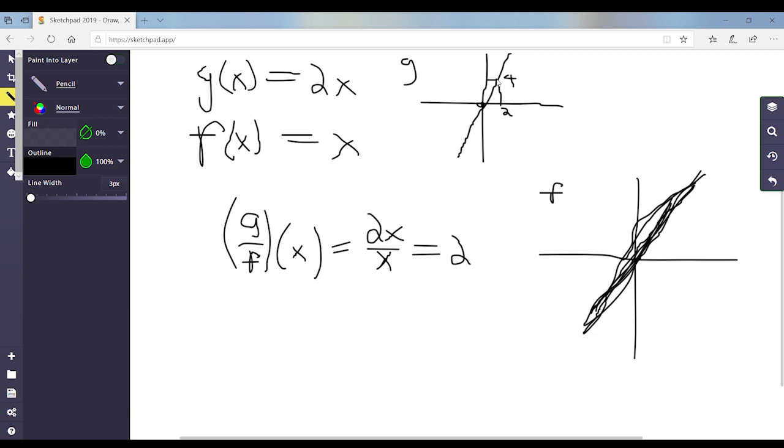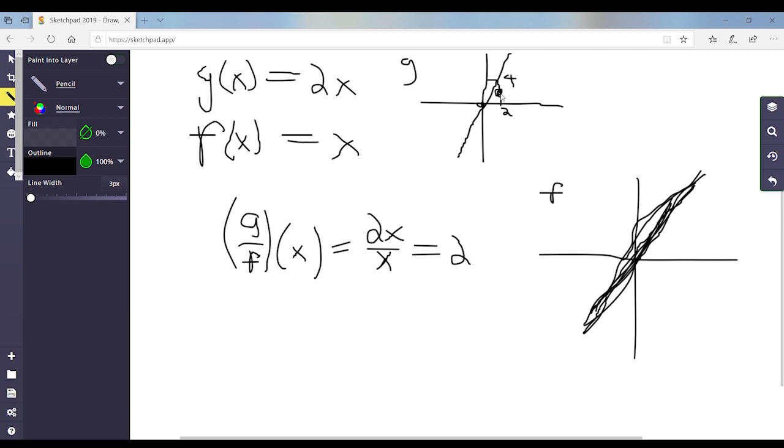So for every y, we have to divide by the x, and that's our new y. Normally at this point the function would be equal to 4, but we have to divide that by our x value to get our new value. So what's 4 divided by 2? That's 2.